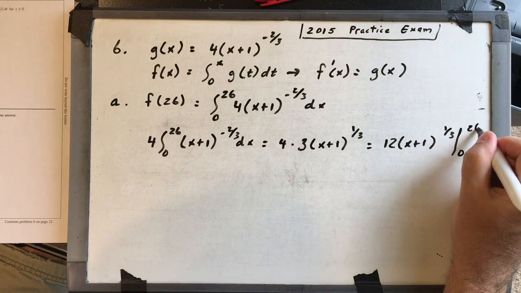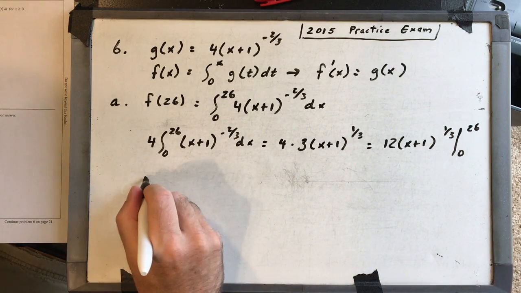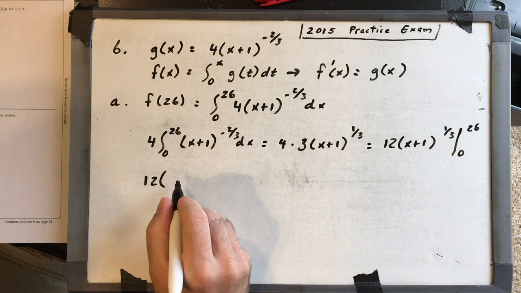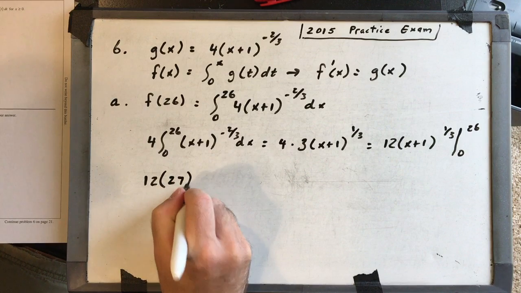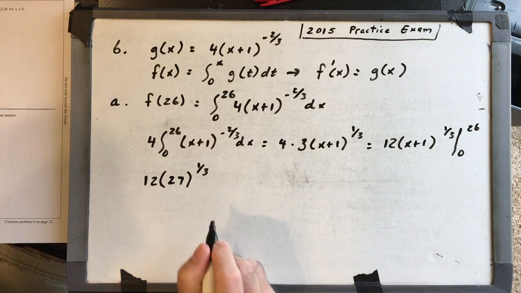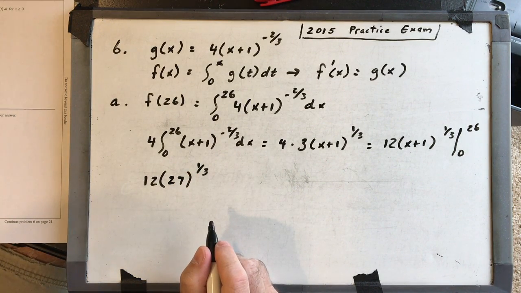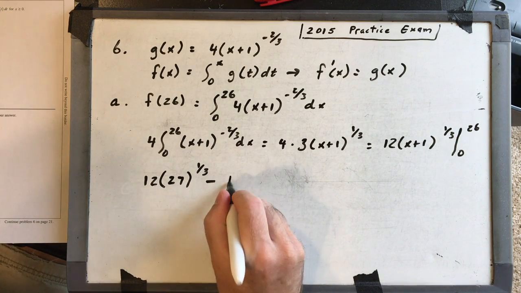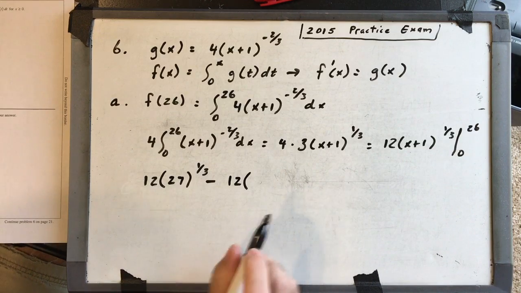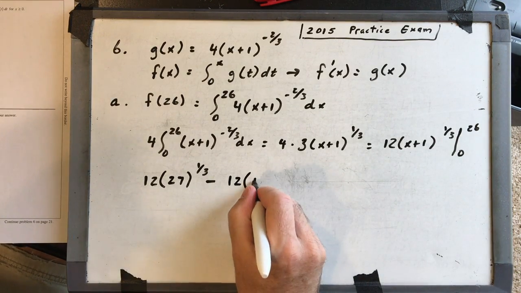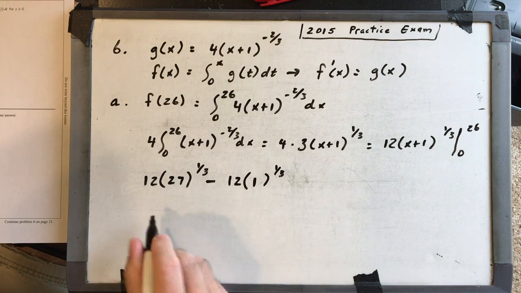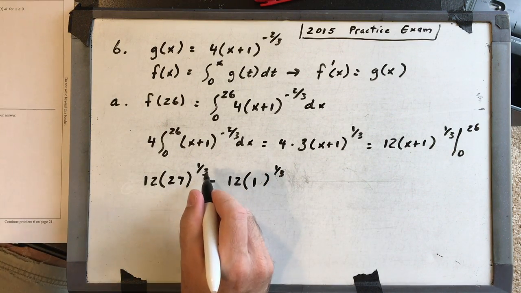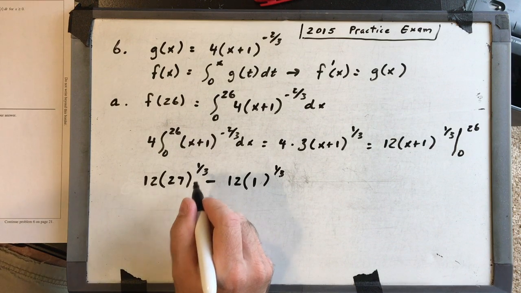We have to evaluate that from 0 to 26. So that's 12 times 26 plus 1, 27 to the 1/3, minus 12 times 0 plus 1, which is 1 to the 1/3. 27 to the 1/3 is not 9, it is 3.